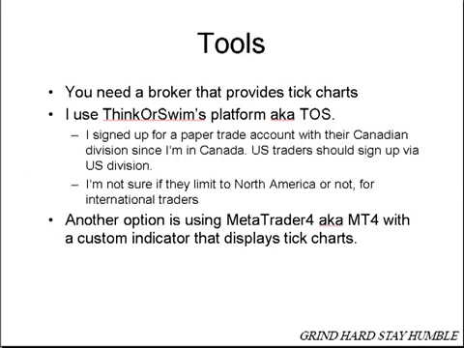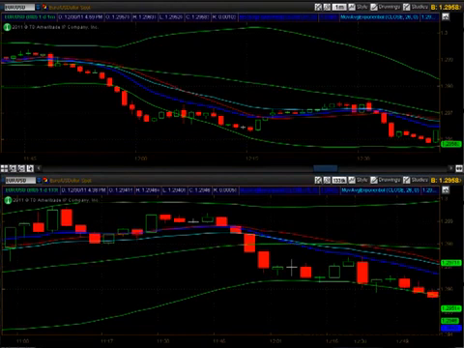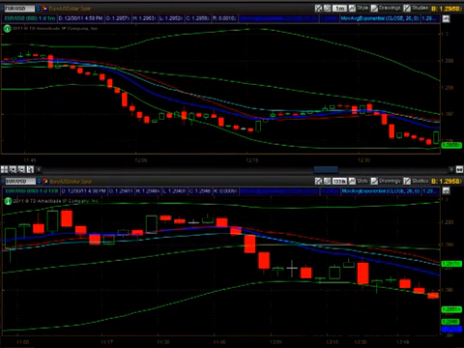So I'll just show you the platform real quick. This is what it looks like. This is zoomed in on what I need. So basically the top part is the time chart, 1 minute bars. Each bar represents a minute. And the bottom chart is the 133 tick chart, and each bar represents 133 trades.